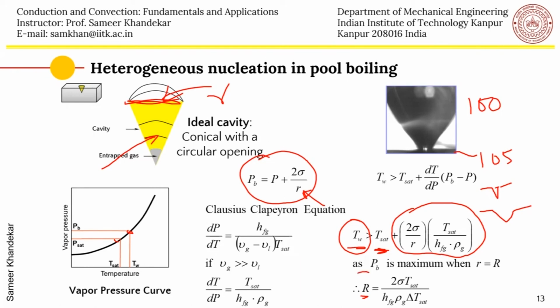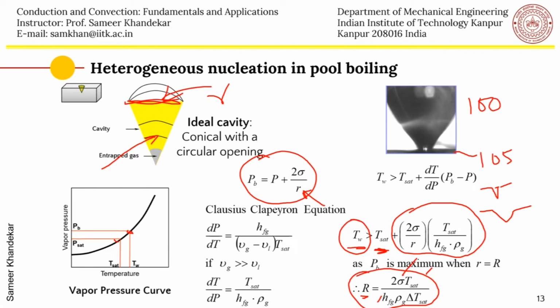So this formula actually comes from the application of the Young-Laplace equation and the Clausius-Clapeyron equation, as you can see here. And if you substitute this in this, you will get the condition for a particular nucleation site which will become active.